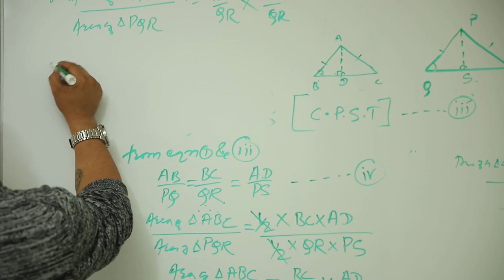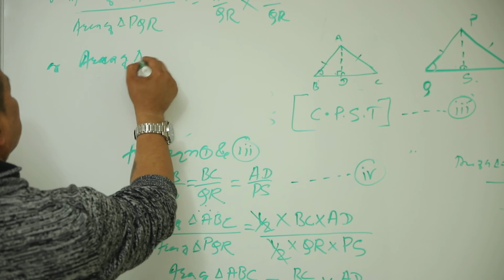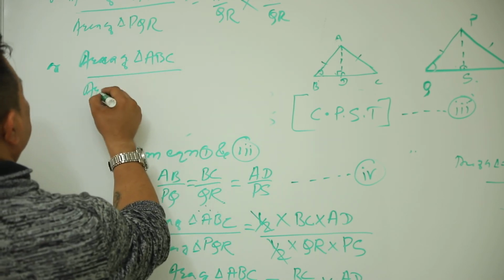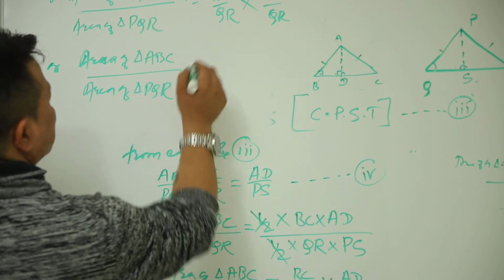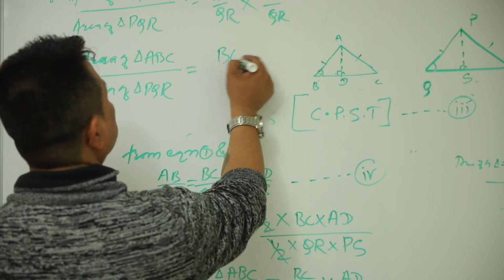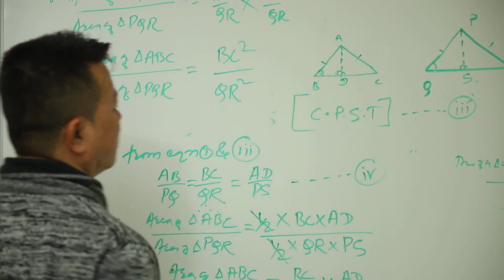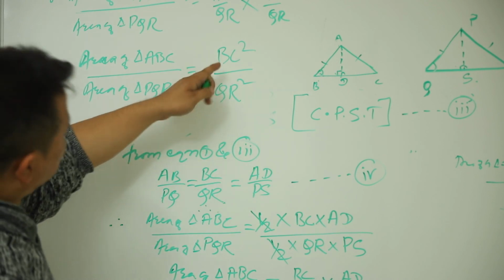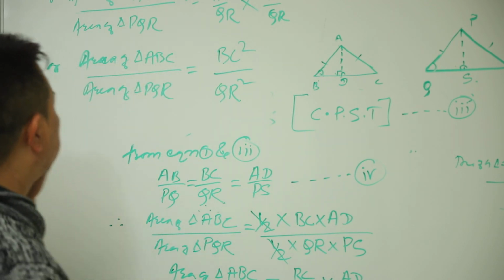Now, area of triangle ABC upon area of triangle PQR equals to BC into BC, square, similarly QR into QR, square. Now, ratio of square of one corresponding side is equal to this area.